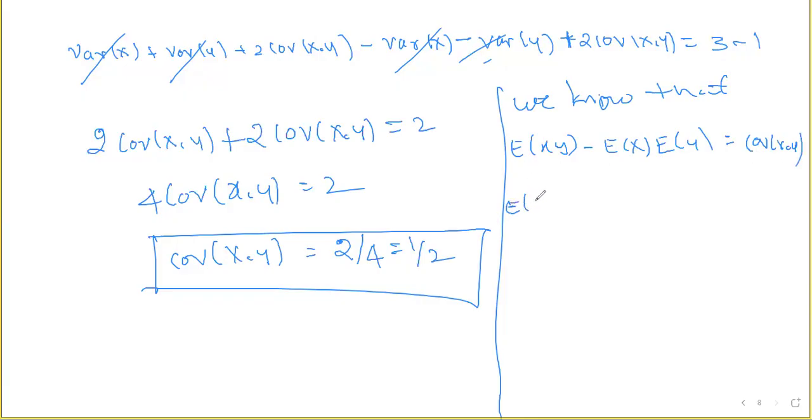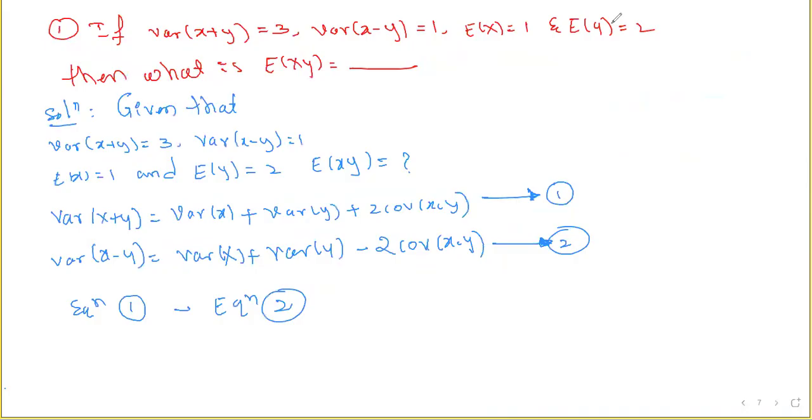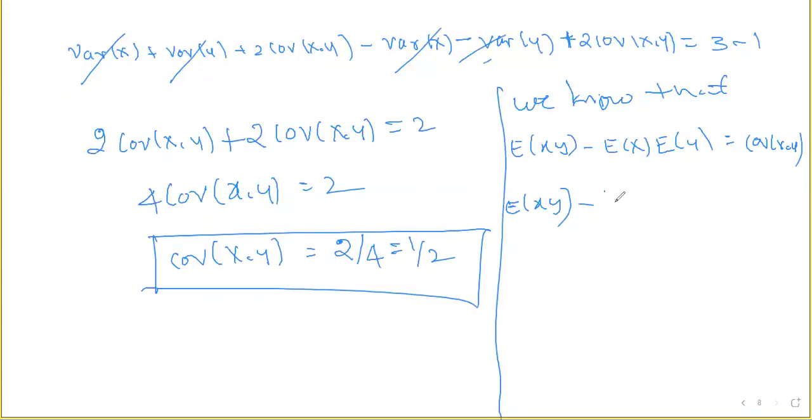So this is our target. We are going to find the expected value of x into y. Expected value of x is given in the question, that is 1, and expected value of y is also given, that is 2. So 1 into 2, which is equal to the covariance. The covariance we already found, that is also 1 by 2.